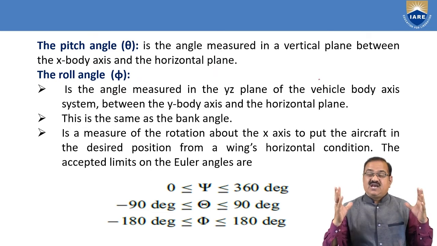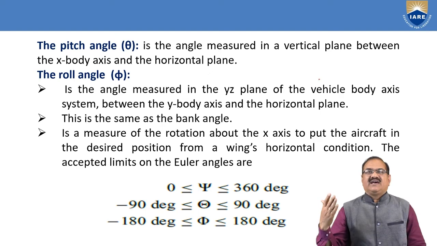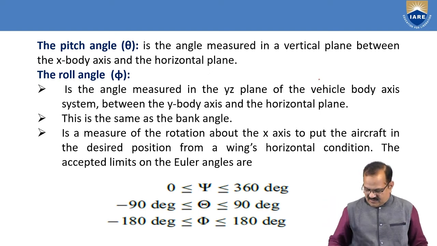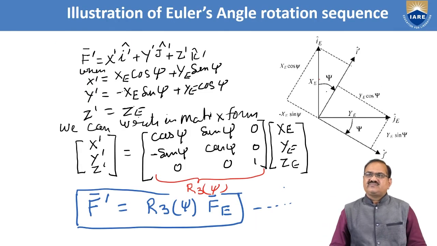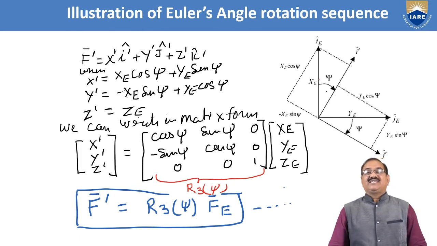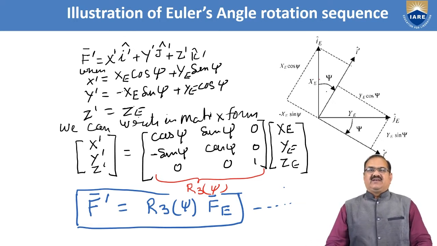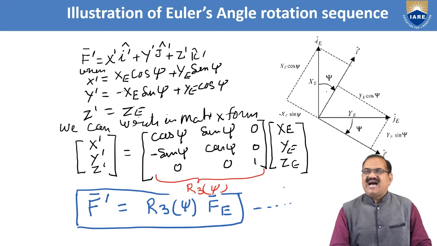We should understand that this is the maximum limit, and the Euler's angles can move in this way. Now we have the illustration of the Euler's angle rotation sequence. Initially here is IE, this is XE, the earth axis, and ZE is perpendicular to this board.